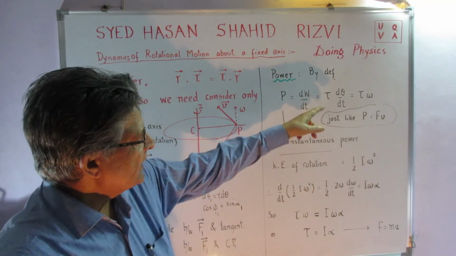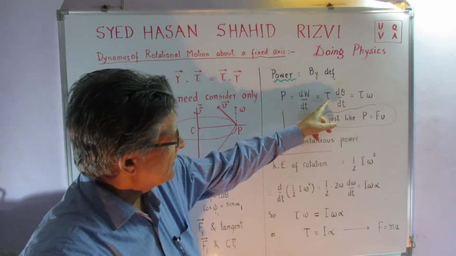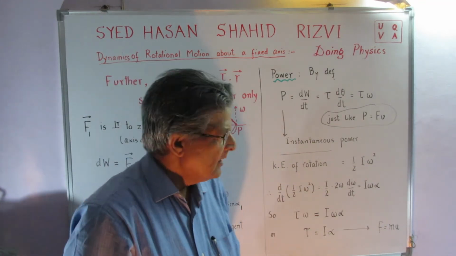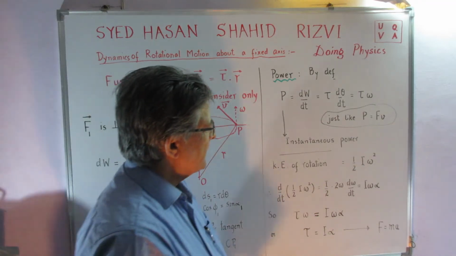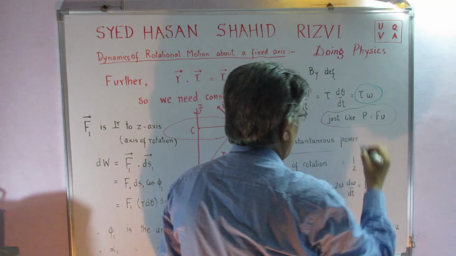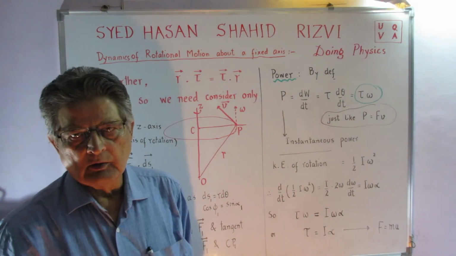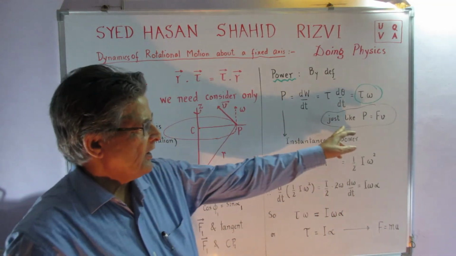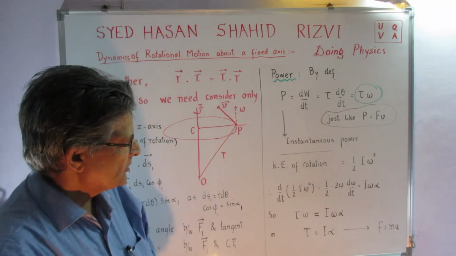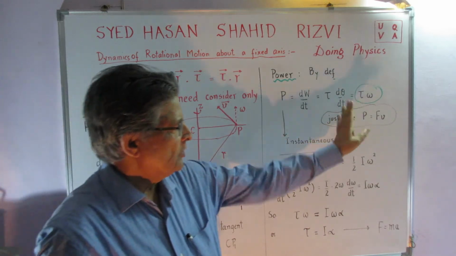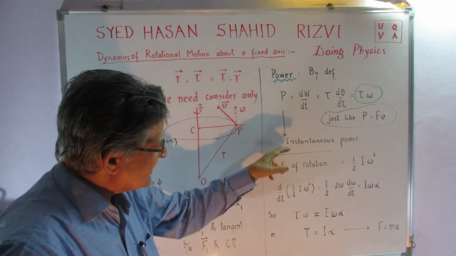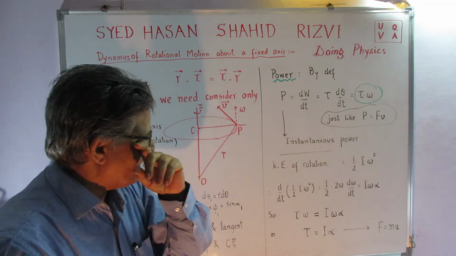So I can rearrange this as torque multiplied by d theta over dt, and so we get that the power is equal to torque into the angular velocity, just like we obtained for power in translatory motion, P equal to Fv. So this is the instantaneous power that we have obtained.